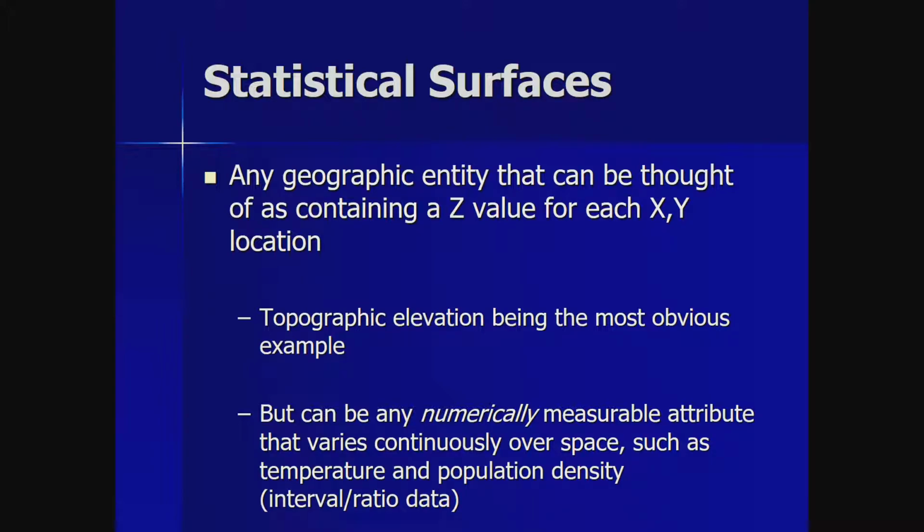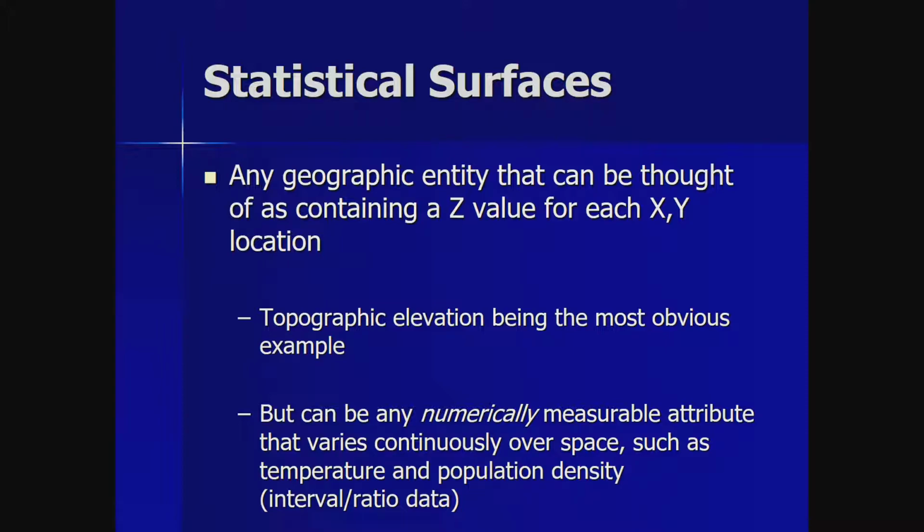This is often done for topographic elevation. Building on the last lecture, this is often how elevation surfaces are created, because we don't know the elevation everywhere, but sometimes we know the elevation in some places.